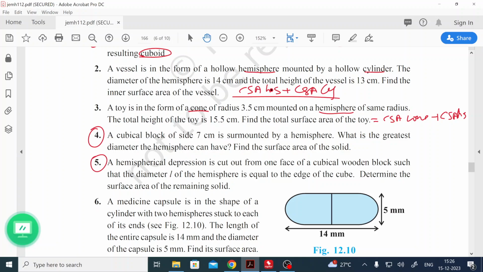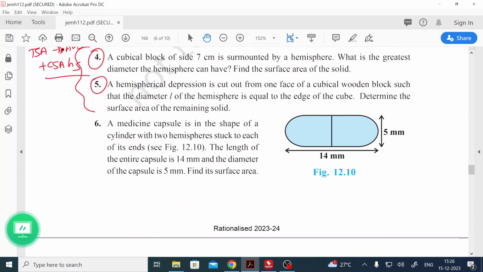What did I say? The same formula you have to use here: total surface area minus base area of hemisphere plus CSA of hemisphere. The same thing, either the hemisphere comes inside the cuboid or outside the cuboid, whatever. Use the same formula, you will get it. Understand?